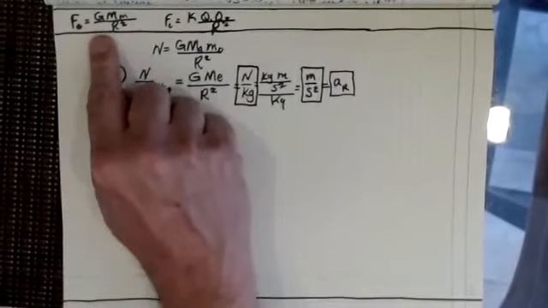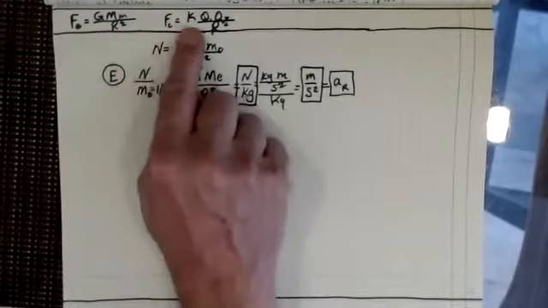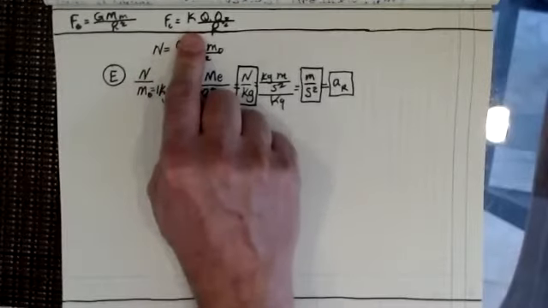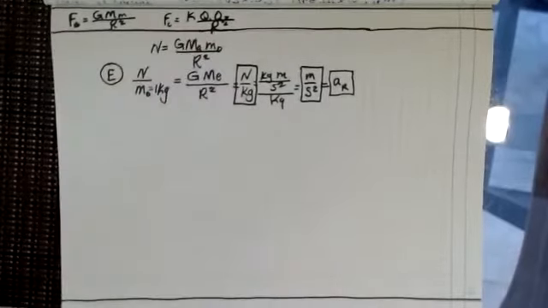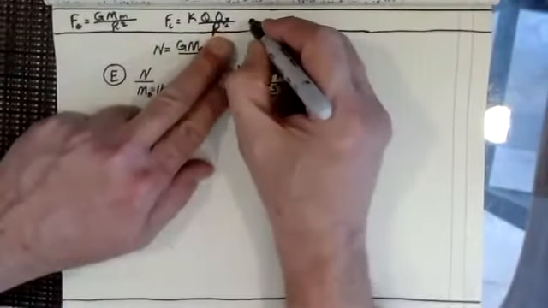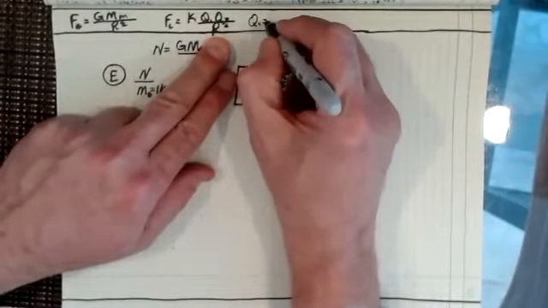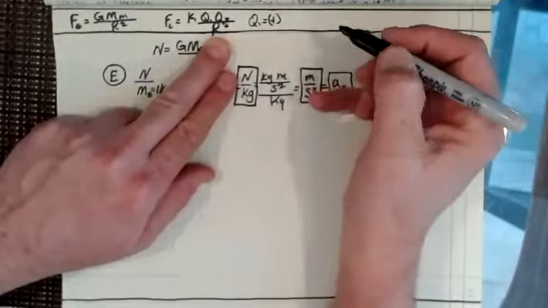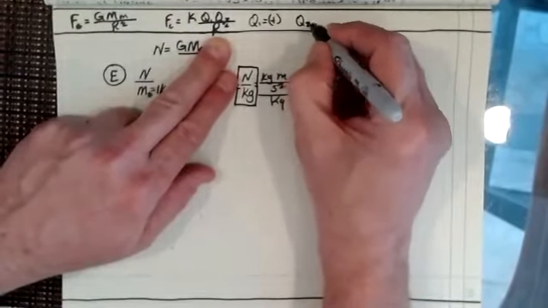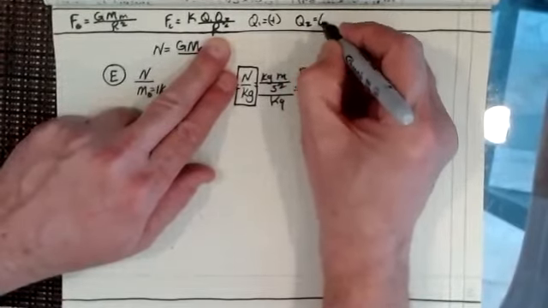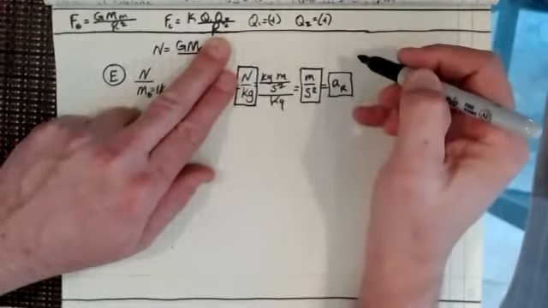If we look at Newton's gravitational attraction law, and we look at Coulomb's law, we can see a couple things. First of all, with Coulomb's law, what if I have two charges? Let's say charge 1 is positive and charge 2 is positive. Let's just look at that first.